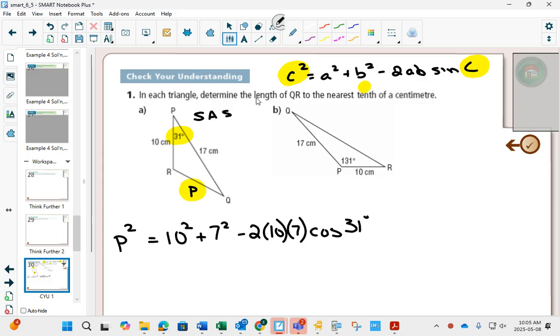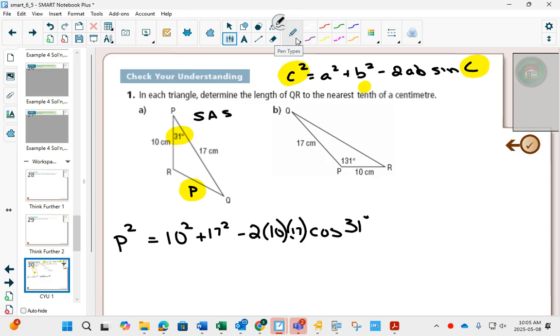Oh, it's 17. Thank you. So what did I do wrong? There we go. There is a nice 17. Here's another nice 17. So it doesn't matter the 10 and the 17, what order you put them in.